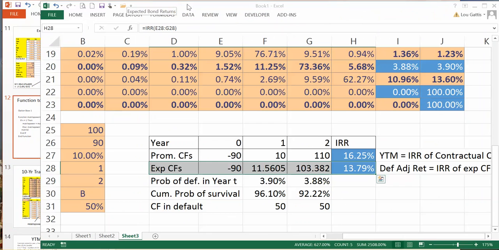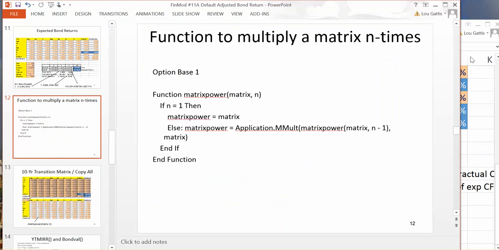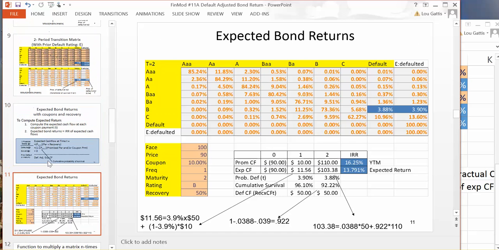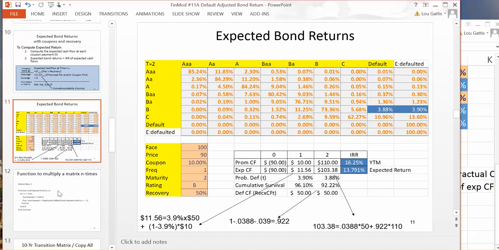All right, so let's do a little more. Let's take our formula that we just did, and let's add a little bit to it.